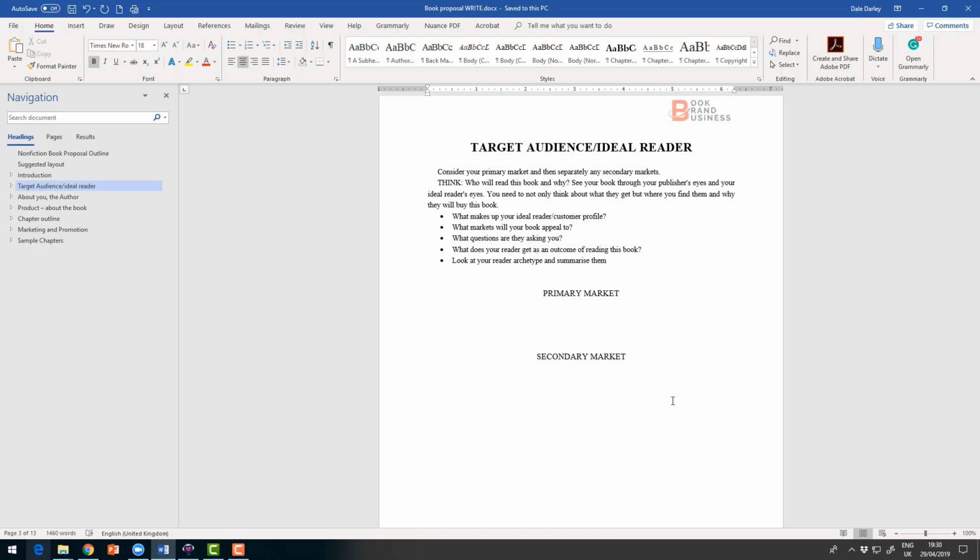Now, when your publisher is looking at this, you've got to imagine that through the publisher's eyes, that they can actually get a really clear picture of who that is. But you also want to see this person through the eyes of the ideal reader, because the ideal reader is going to pick your book up. So, how do they recognize themselves? That's the point.